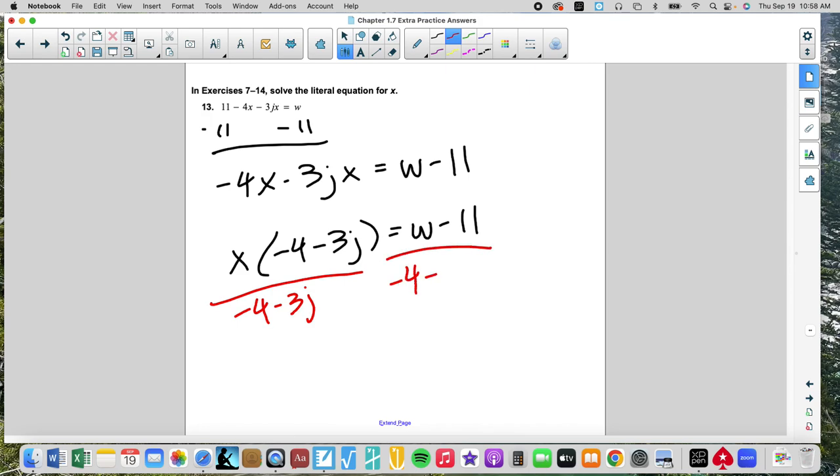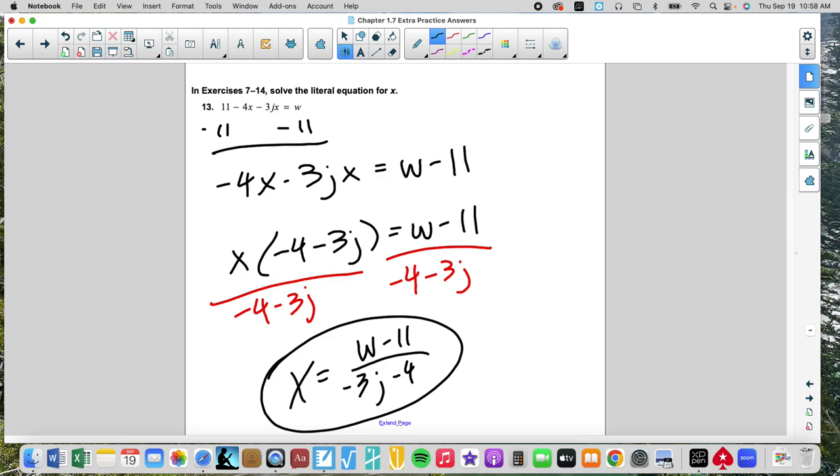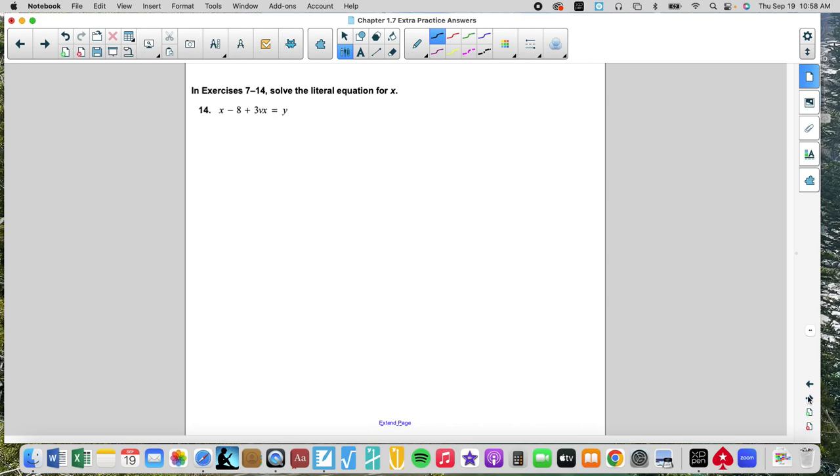X equals w minus 11 over negative 3j minus 4. I'm putting both the numerator and denominator in standard form. Variables before constants.